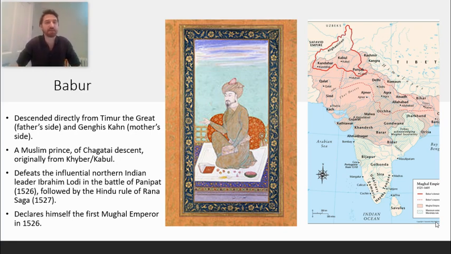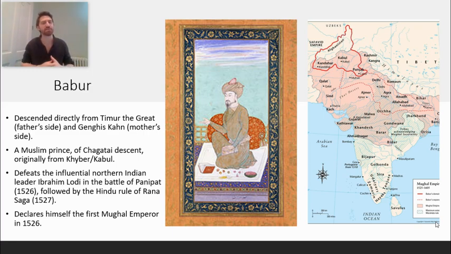And Babur has a very interesting and important lineage. On his father's side, he descends from Timur the Great, who you might have possibly heard of. And then on his mother's side, he is directly descended from Genghis Khan, who you will almost certainly have heard of.